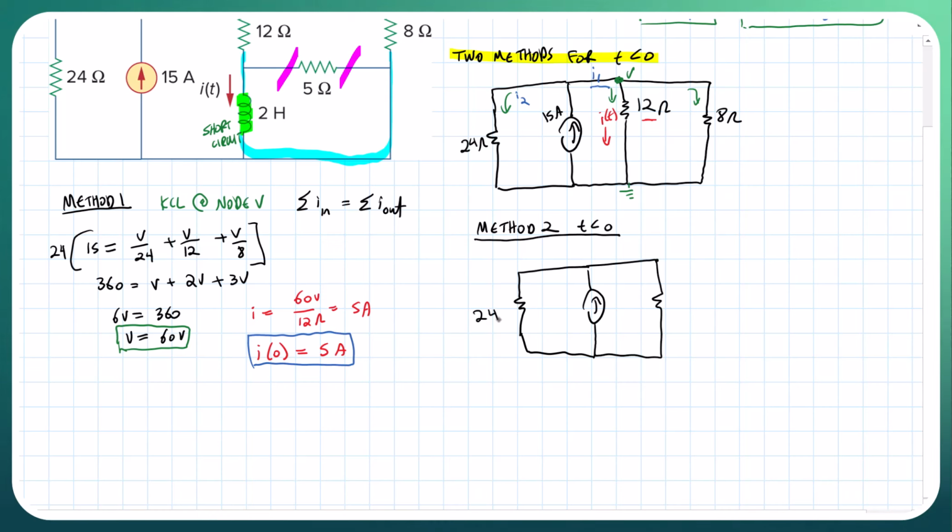So this is still 24 ohms here, this is 15 amps here, and 12 ohms in parallel with 8 ohms is going to give us 4.8 ohms. I'm calling this here I sub 1.